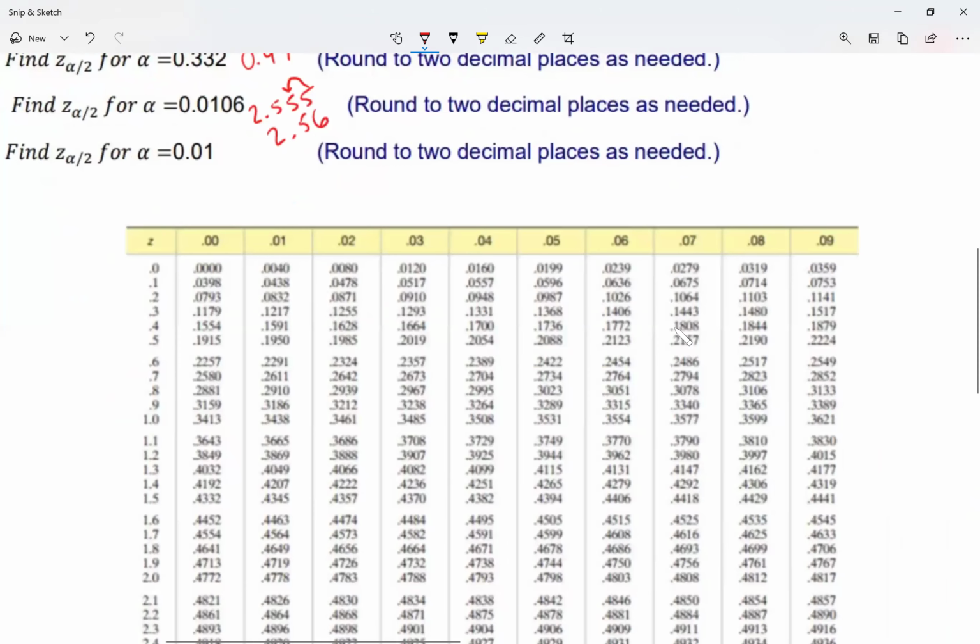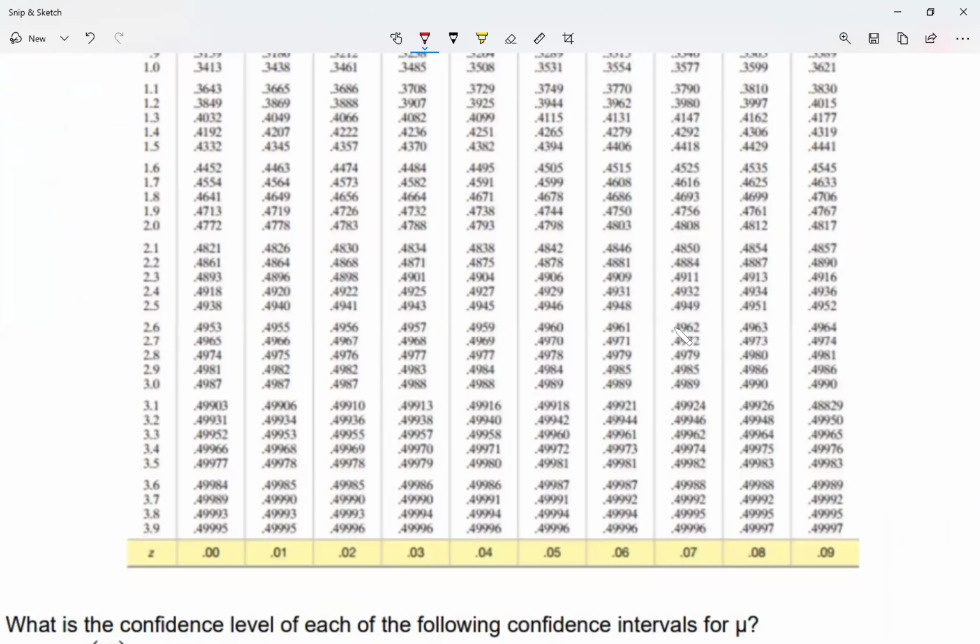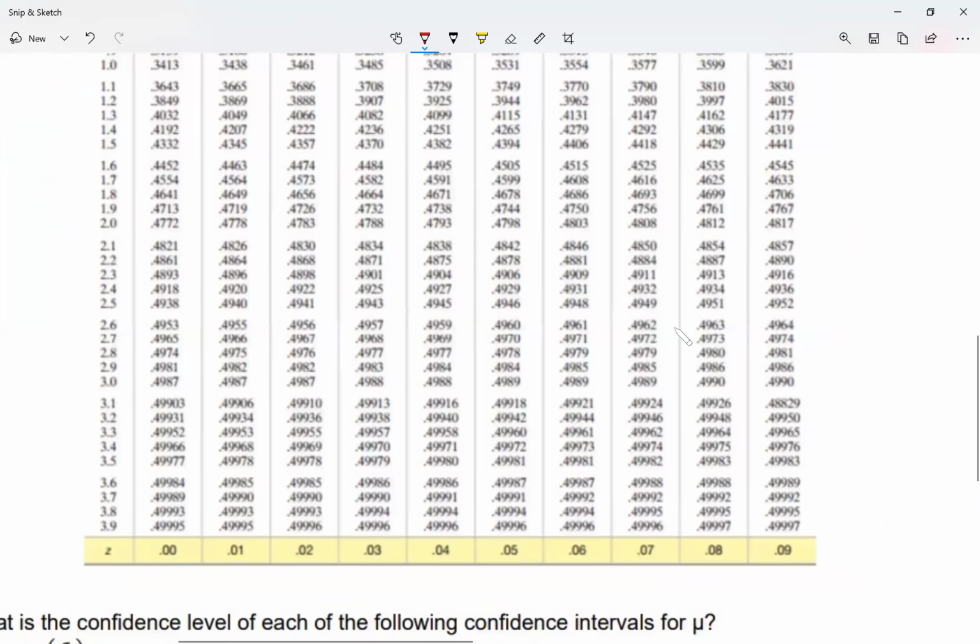I'm looking for the value 0.495. I'm going to say it's in between these two values. It's right here in between. 0.495 is the same thing as 0.4950. So it's right in between them.